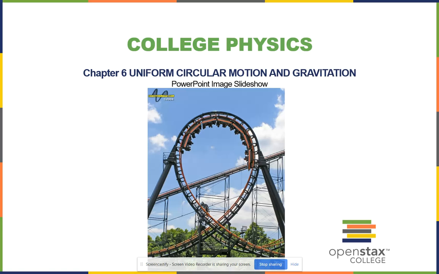Because we knew omega, we used omega squared R, so they didn't have to calculate V for part A. They had to calculate V for part B, so they could have calculated V first and then used V squared over R. It would have gotten you the same place. So when you're looking for acceleration, it's going to be omega squared R. When you're looking for velocity, it's just going to be R and omega.